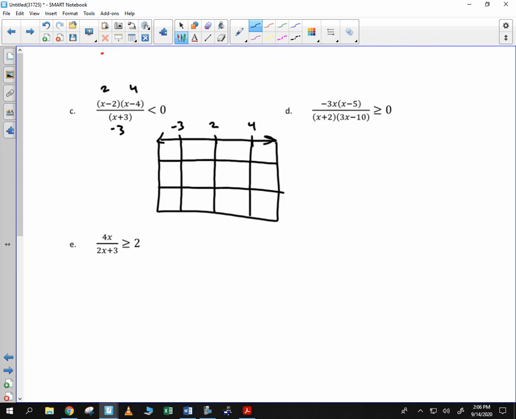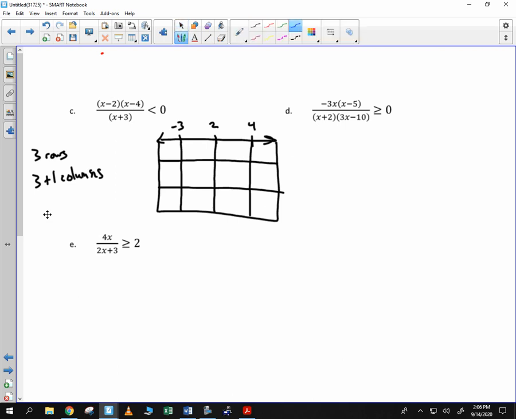Since I have 3 numbers on top, I have 3 rows and I have 3 plus 1 columns. Now, this grid is for me to test whether things are positive or negative. Notice how this inequality right now is set less than 0.